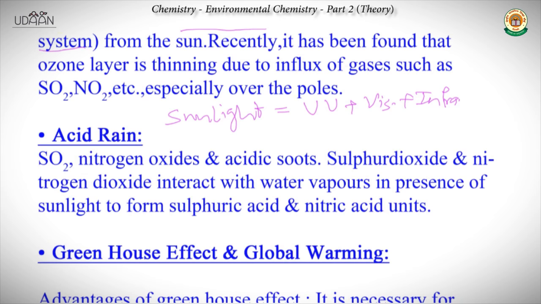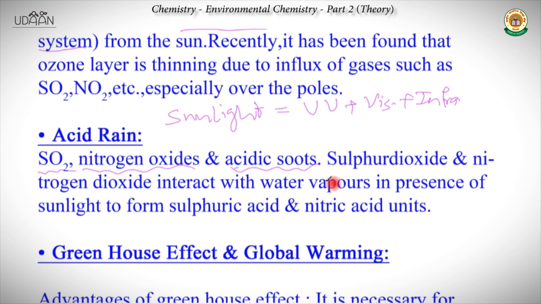So next is acid rain. Acid rain basically consists of acidic oxides in air which combine with water, thus forming acid rain. Acidic oxides are such as SO2, nitrogen oxides, and acidic soot.